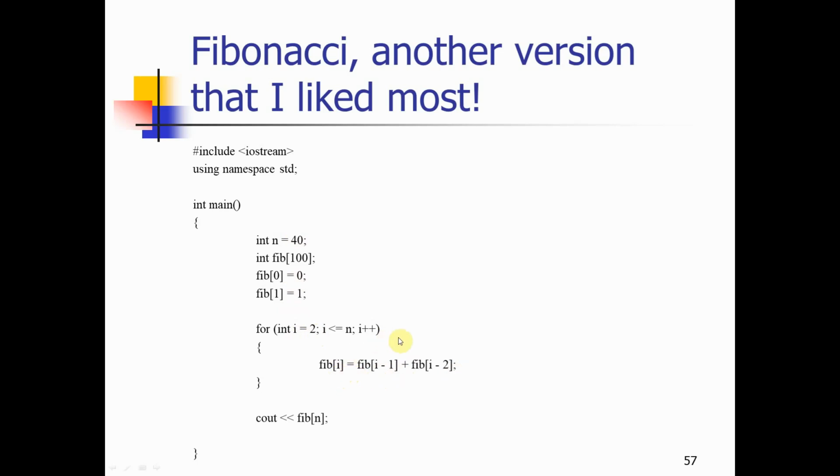And now when I move to the next space of the array, I will be able to calculate the sum of the previous two values again. So by doing so, we use an array to keep track of every single Fibonacci number that has been generated, and that is going to help us get the values that we are interested in.